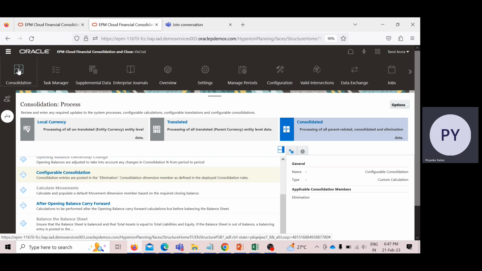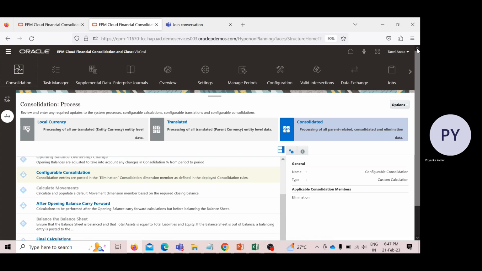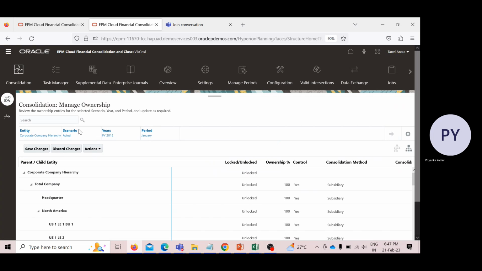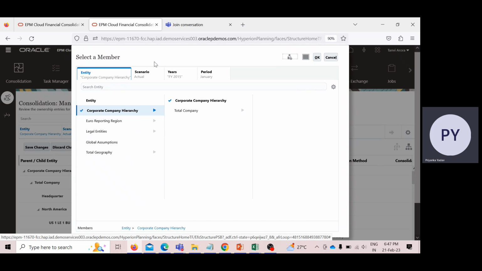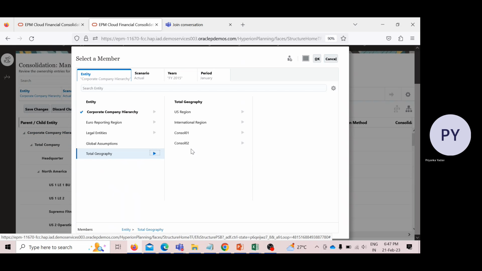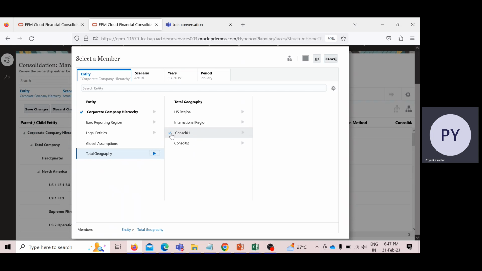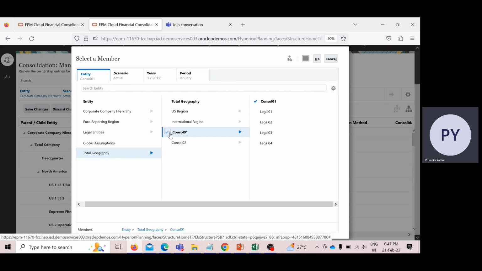Let's go to the consolidation tab. I will provide the ownership percentage here. My parent entity is Consol01. I'll select that.